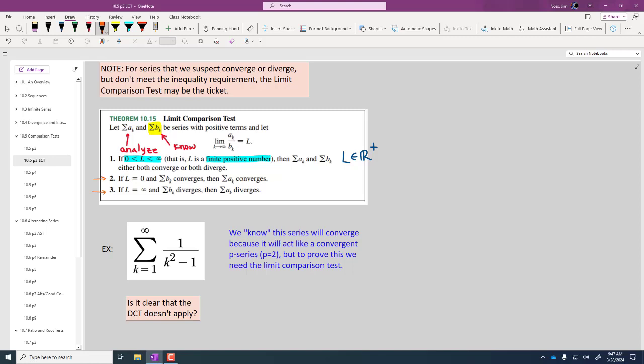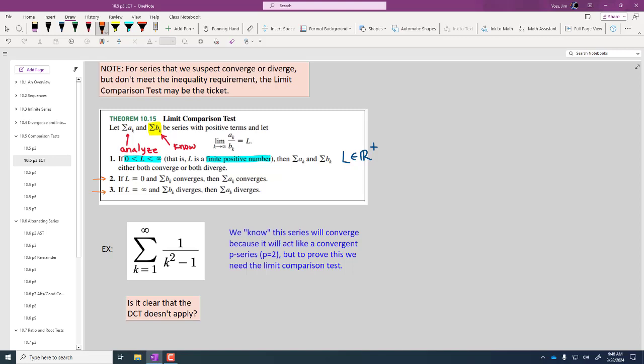And now we look at this limit, and if this limit is infinite, and the b sub k series diverges, that means the b sub k's are not going to 0 very fast. They have to be going to 0 if we even are considering convergence. But the b sub k's are not going to 0 fast if the b sub k series diverges.